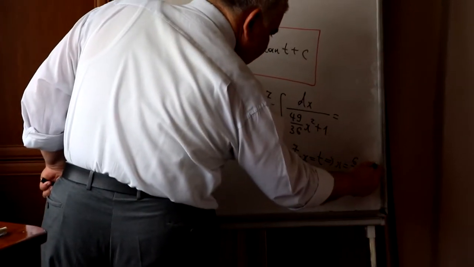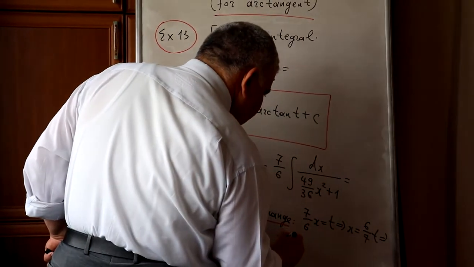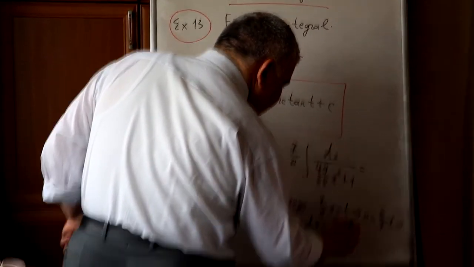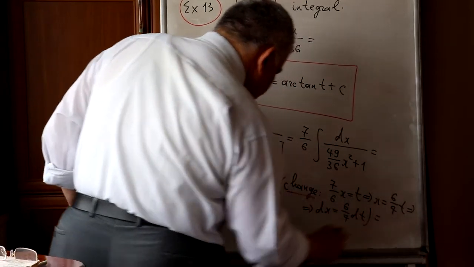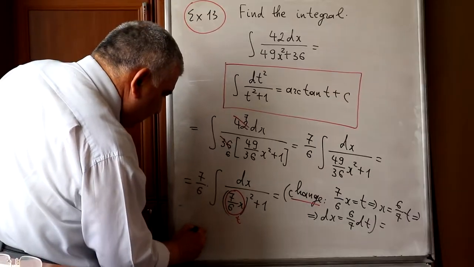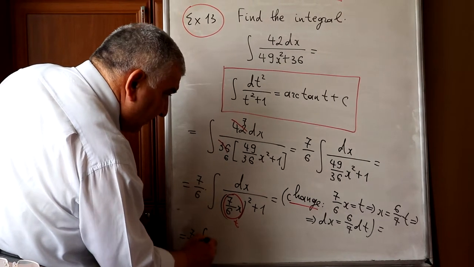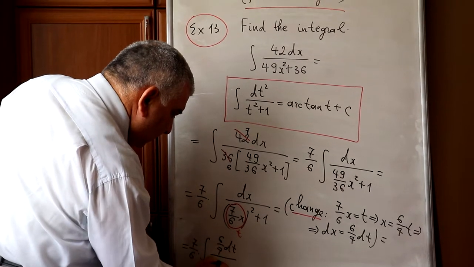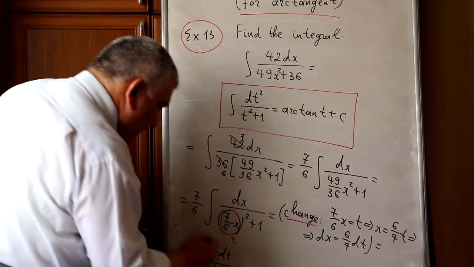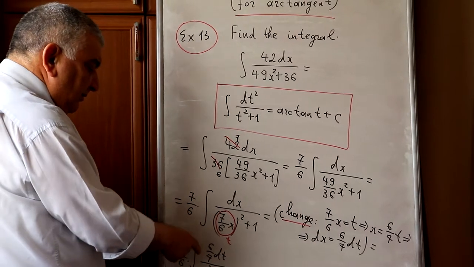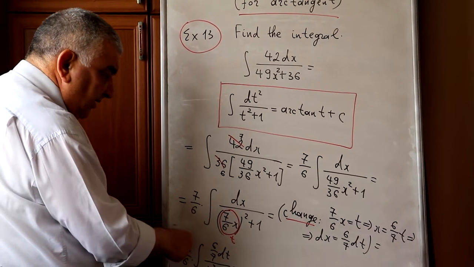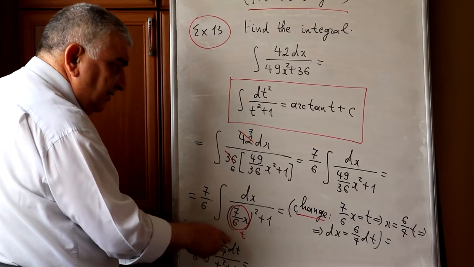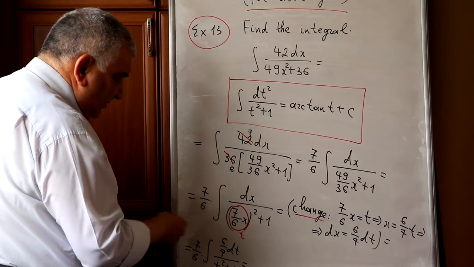Then find dx. Dx is equal to 6/7 dt. And continue our integration. 7/6 multiplied by dx is 6/7 dt over t squared plus 1. Then further we can take 6/7 out of the integral symbol, and then 7/6 and 6/7 will be simplified.